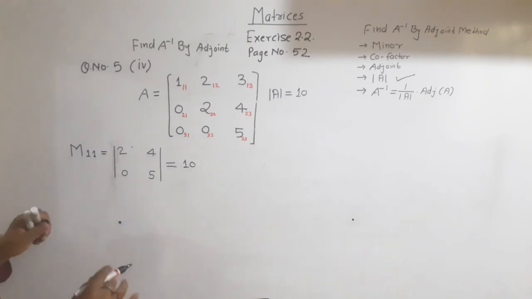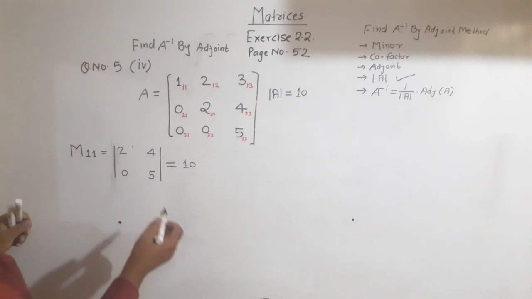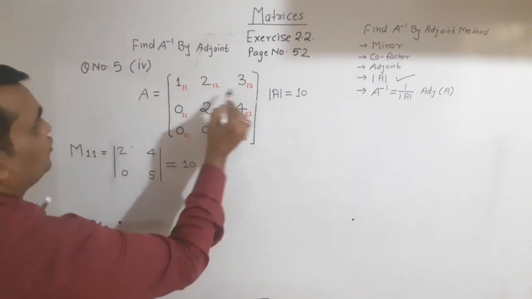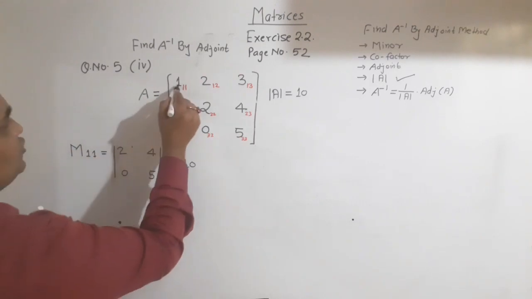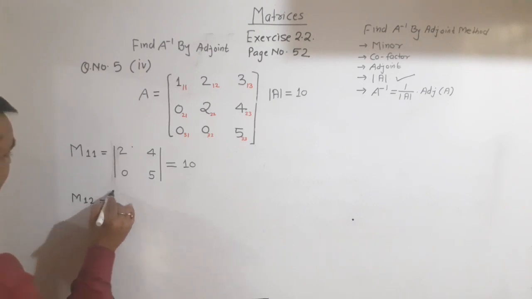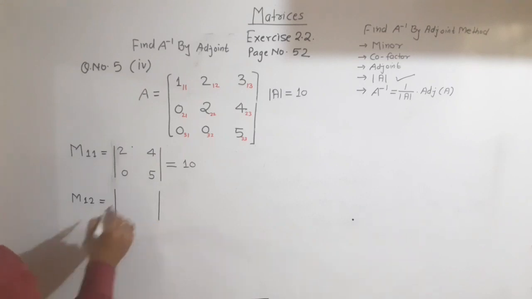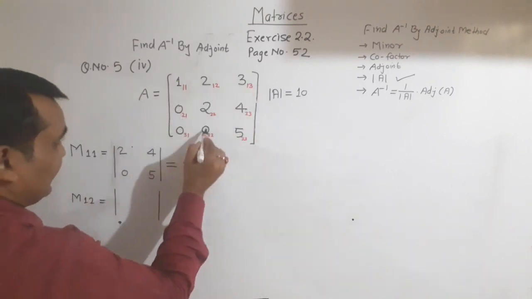The difference between finding the minor and solving the determinant: in a determinant we multiply with the first row elements, but while finding the minor we are not supposed to multiply with the first row element. Again, M12 says 12, that is this one, first row second column.